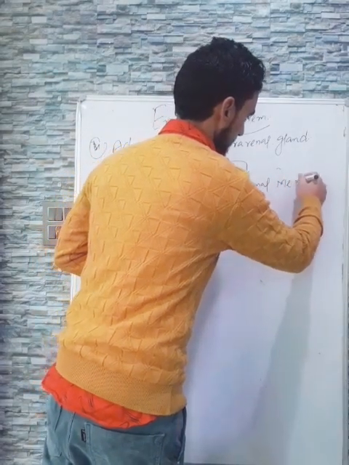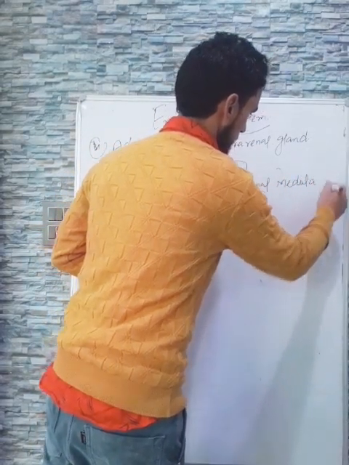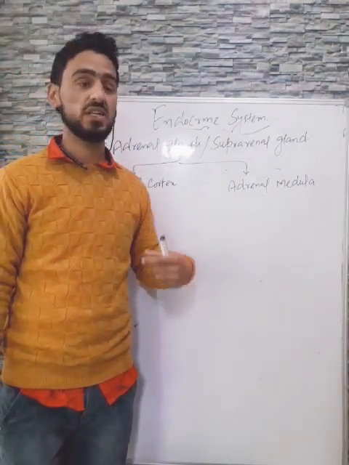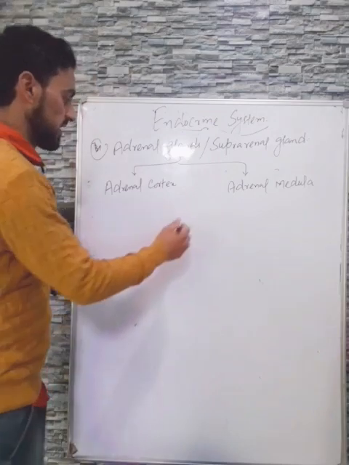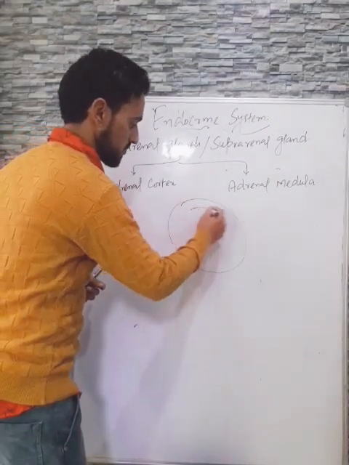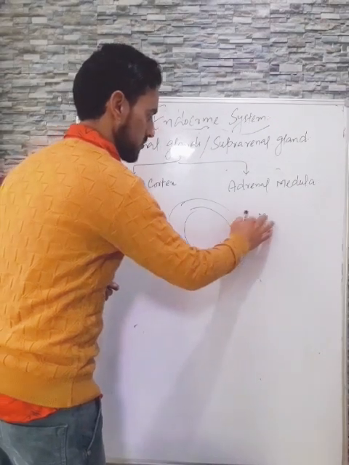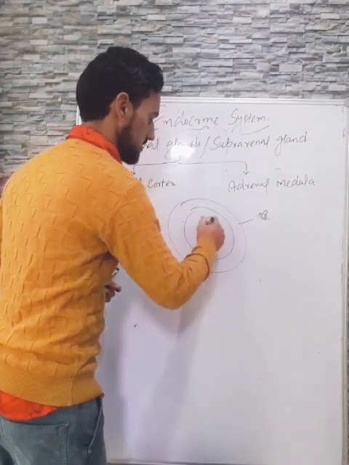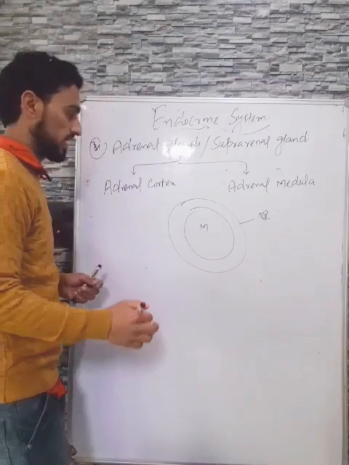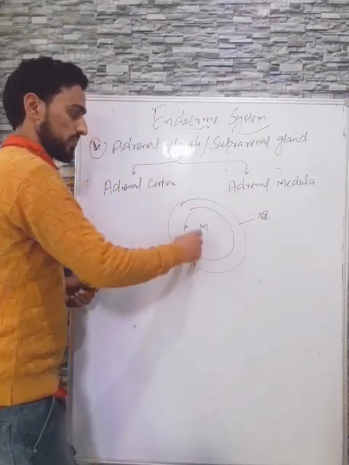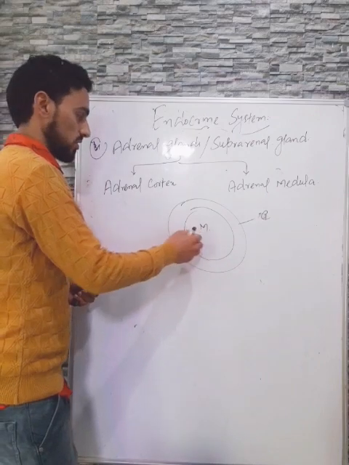The adrenal cortex secretes its hormones, and the adrenal medulla also secretes its own hormone.